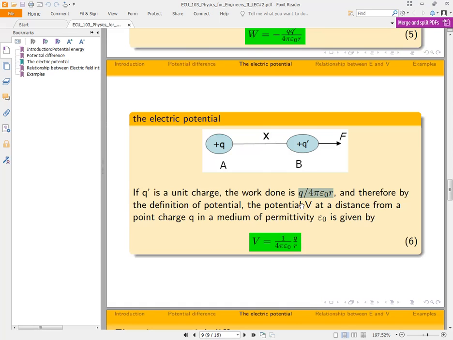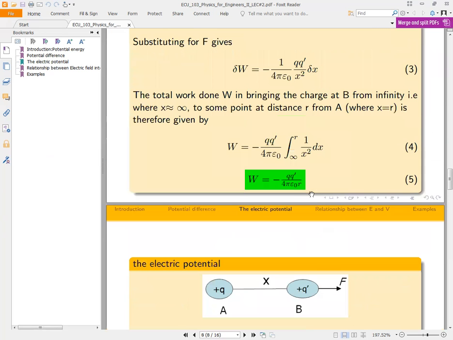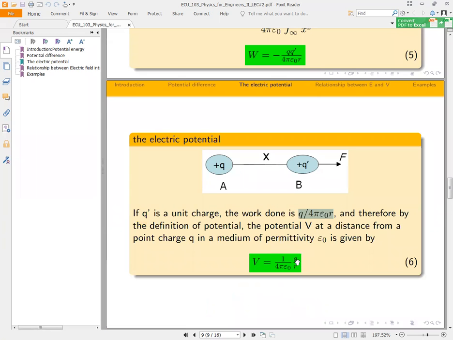Equation number 5, this is work done. Work done divided by charge Q. One of the Q's disappears. And so the expression for potential has 1 Q and 1 R. Electric potential is defined when you're dealing with work done per unit charge.